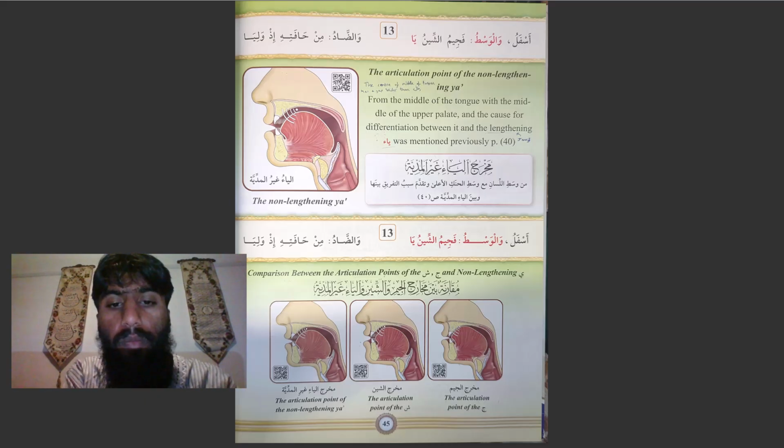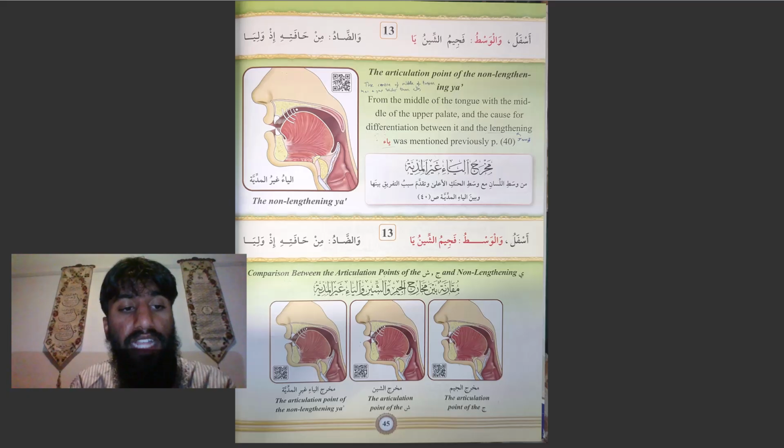Now, as you can see, these three letters are very similar. They're from the same place of the tongue. Okay, they have slightly different shapes. Not really, very slightly different shapes.